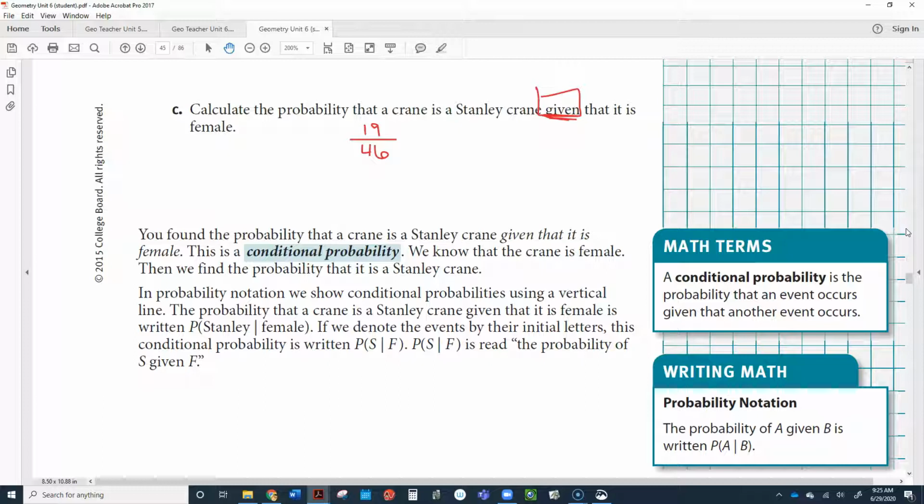That up and down sign represents the word given, that it's female. So when you see this notation, here's how you read it: the probability of a Stanley crane given that it's female.